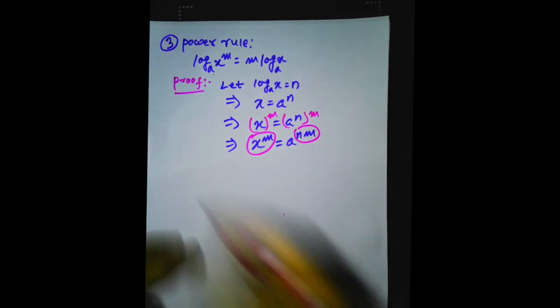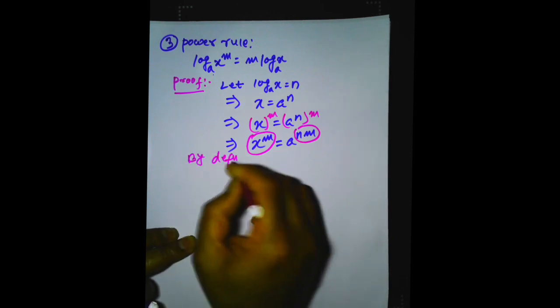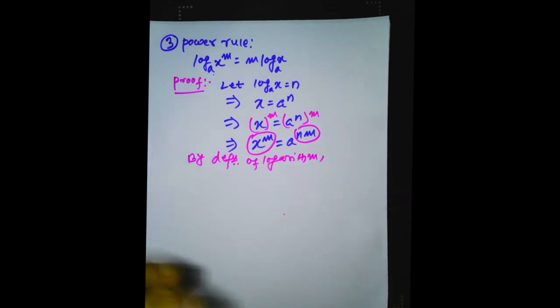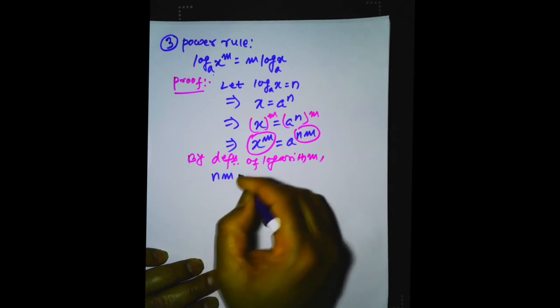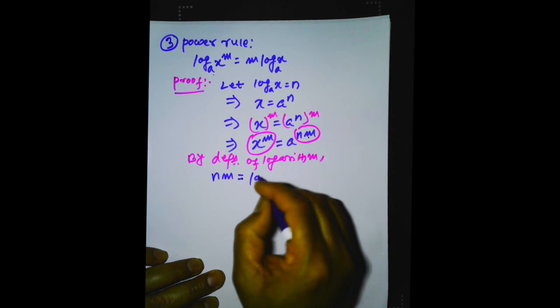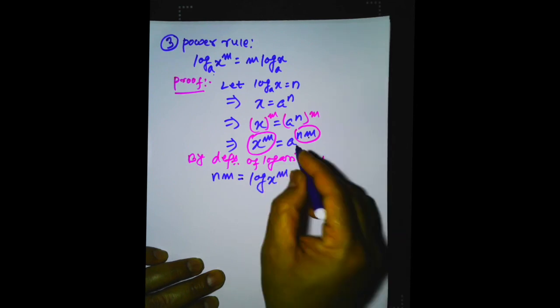Now you can apply the definition of logarithm. By the definition of logarithm, we have n times m is equal to the logarithm of x to the power m to the base a.